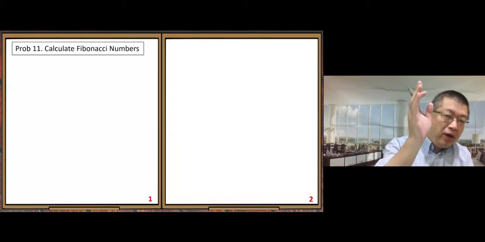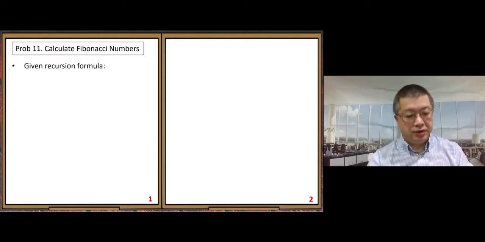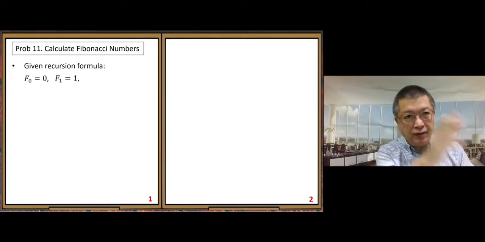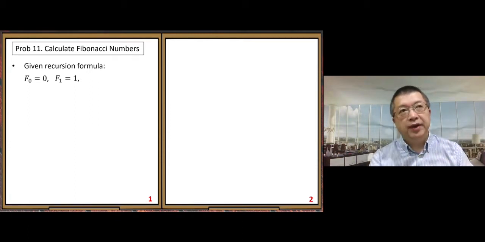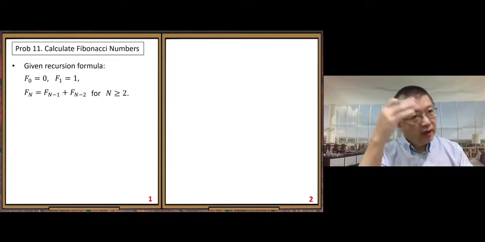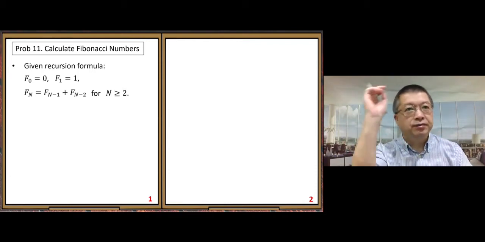Our problem 11, calculate Fibonacci numbers. Given recursion formula, initial values f0, f1 given. After that, we have the recursion formula. The recursion formula is very simple: Fn equals Fn minus 1 plus Fn minus 2.